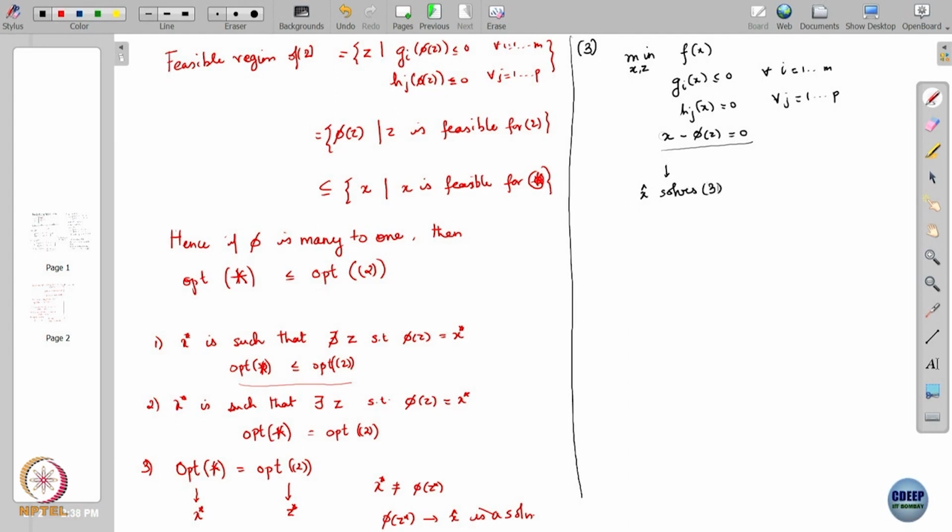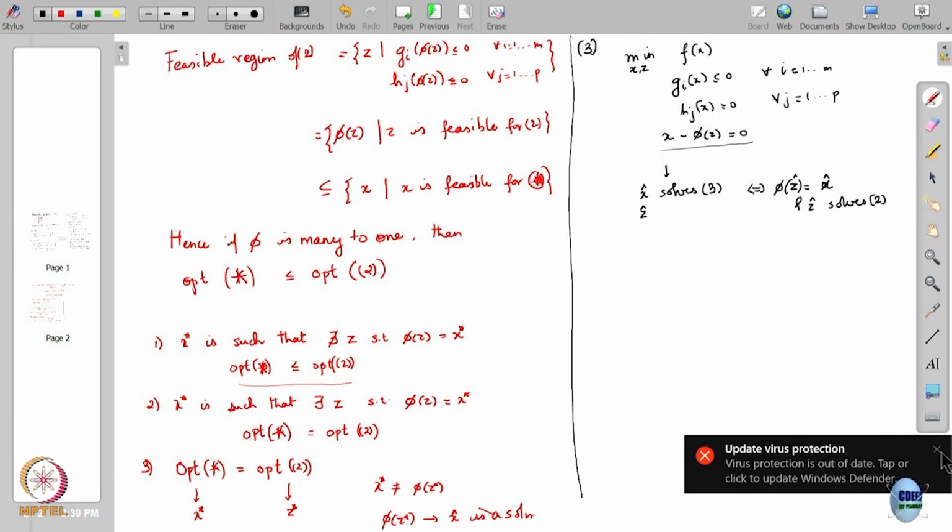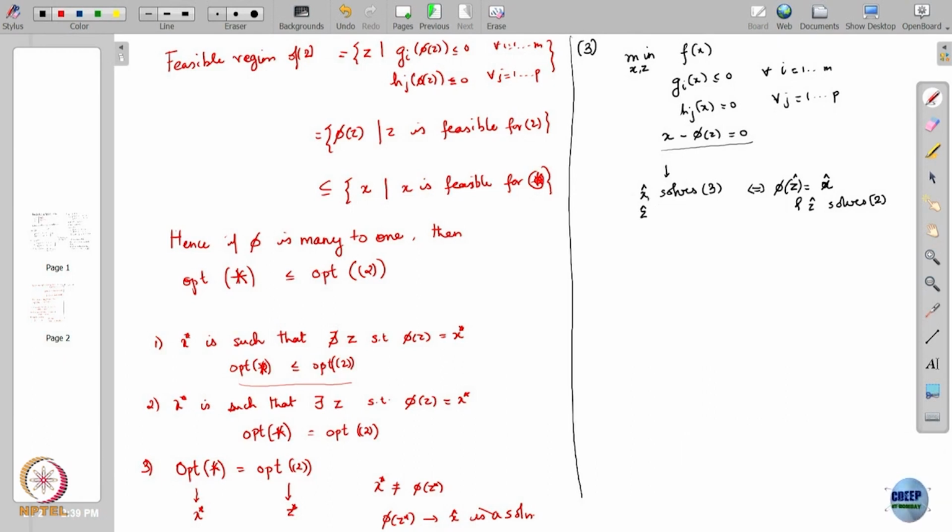So, if I have a solution x hat here, actually let us take x hat, z hat, that solves 3.